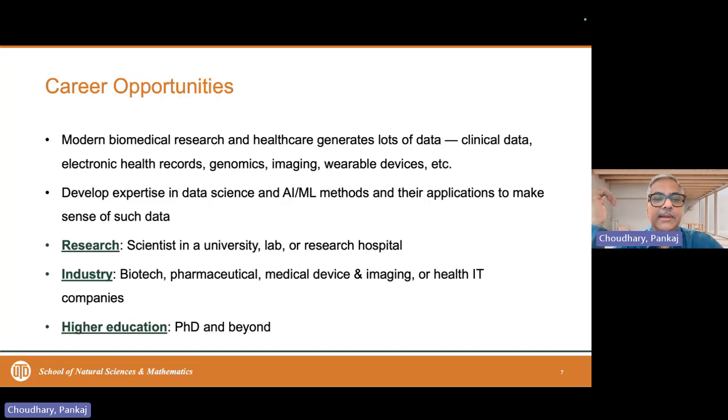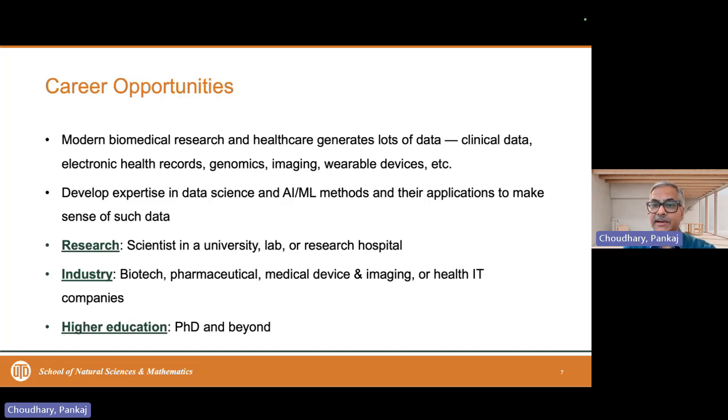We understand that AI is integrating very much with research, no matter the discipline. Whether you are a chemist, biologist, mathematician, or bioengineer, it doesn't matter. AI skills are in high demand, especially in biomedical research and health-related research, because in these disciplines lots of data are generated.